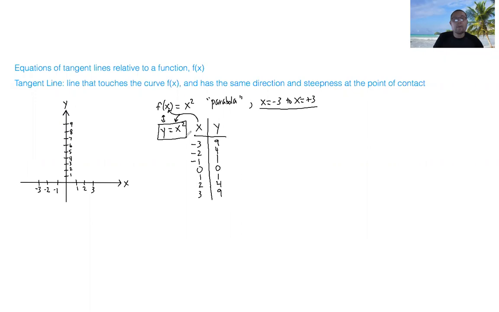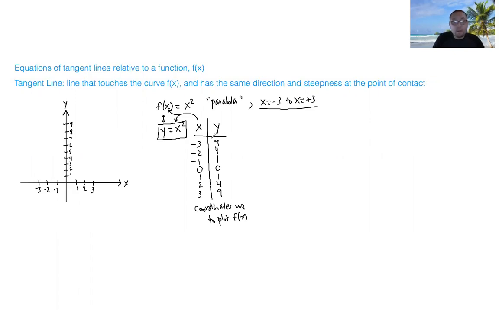Remember, these are our coordinate points that we're going to use to plot our function.